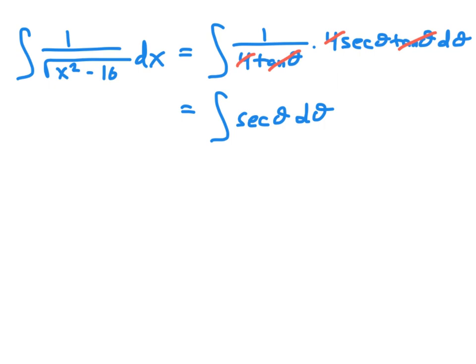Now, the integral of secant is one that we know to be the natural log of the absolute value of secant theta plus tangent theta plus c. And so all we need to do to finish off this example is to go back to x by considering a reference triangle and finding the secant and tangent of theta and substituting them into this expression.